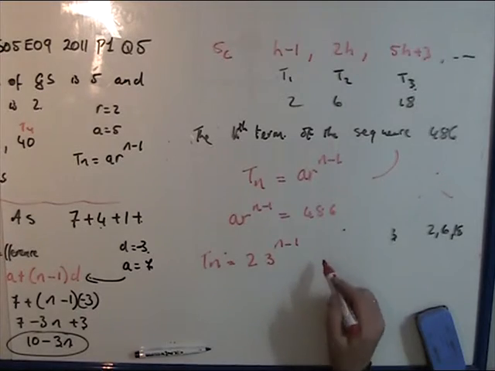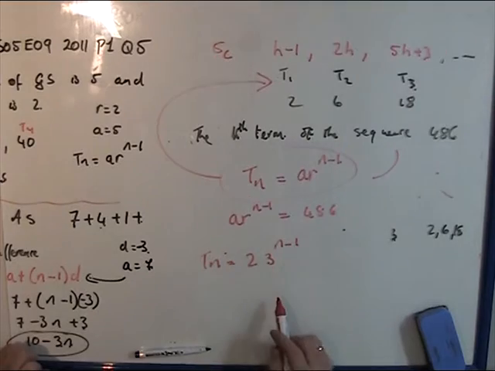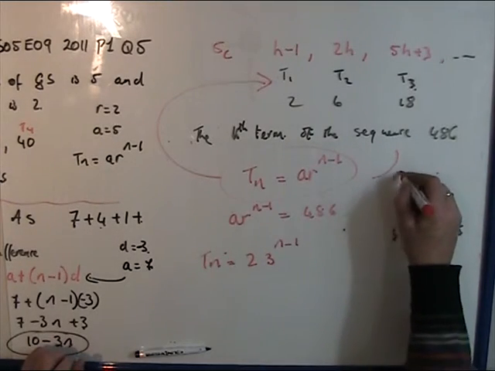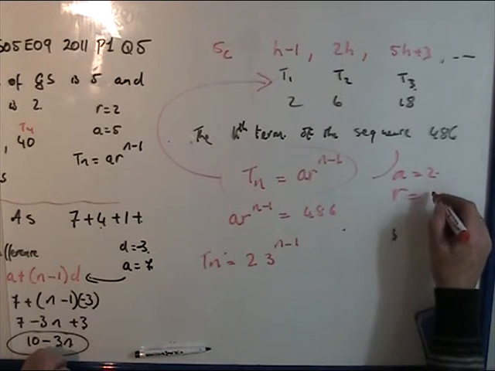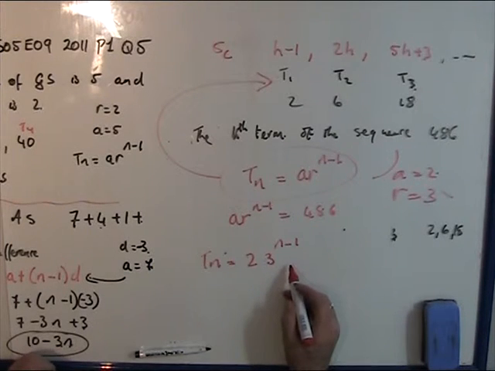So now we're using this formula with these terms. a is equal to 2 and r is equal to the common ratio, which is equal to 3.